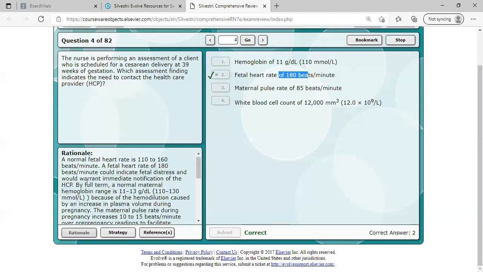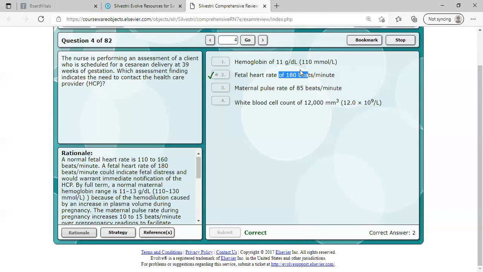So let me read the rationale. If I ask you, what are the most common indications of cesarean delivery? During the examination of the patient, if we see the fetal heart rate is too fast, like this, 180 per minute, or if we see labor dystocia, we go for C-section.